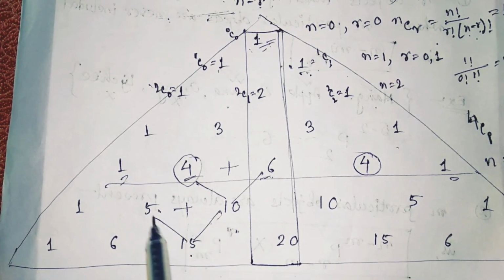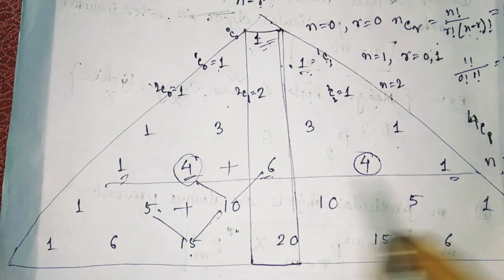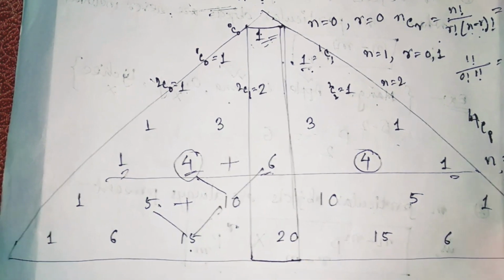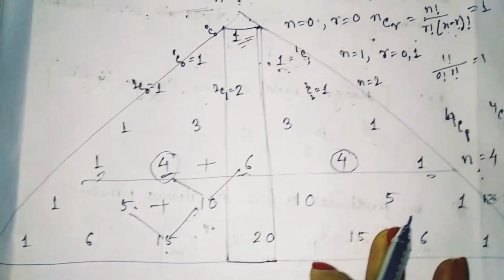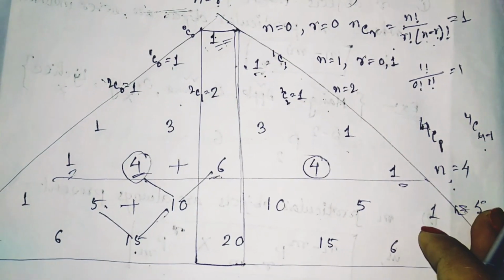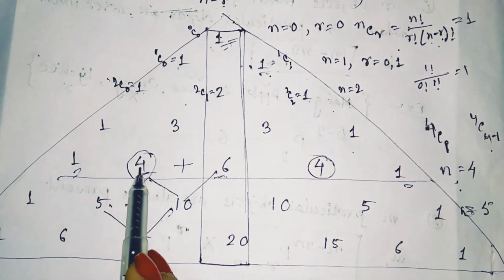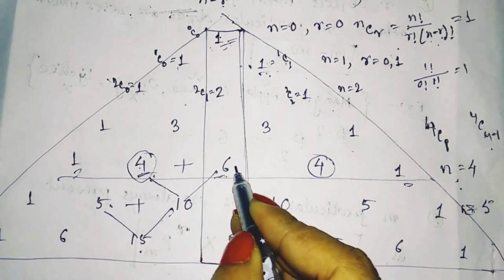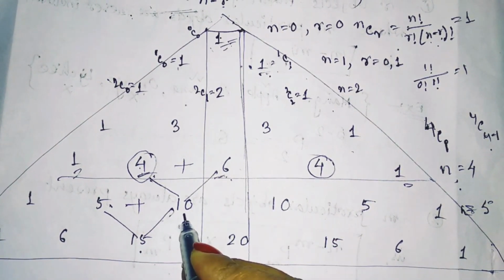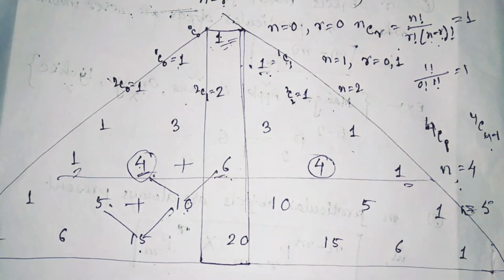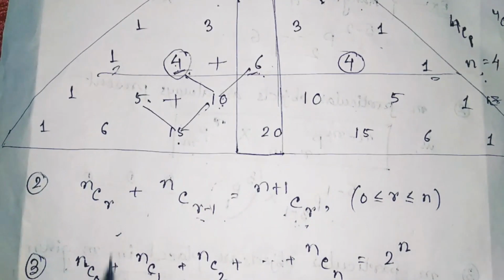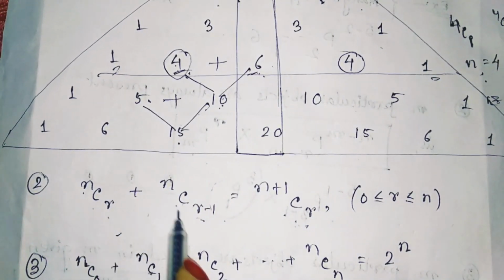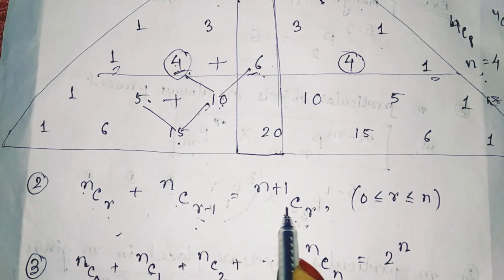That means, if we consider this is the fourth row, the n value is 4, and here the n value is 5. So in the fourth row it is 4C1 and 4C2. Its summation is 5C2. So that's why we can write nCr plus nC(r minus 1) is equal to (n plus 1)Cr. It always happens.